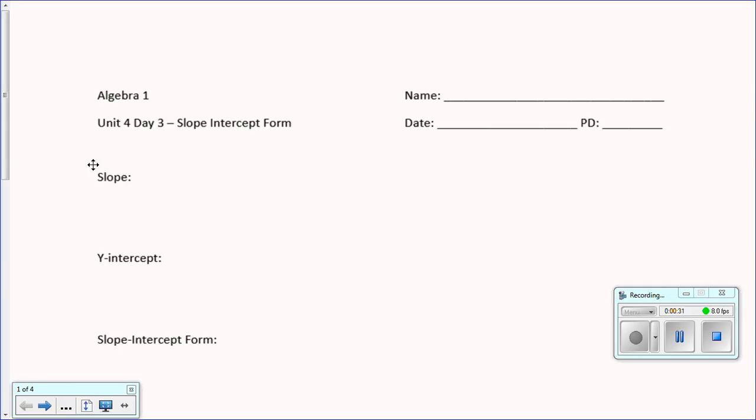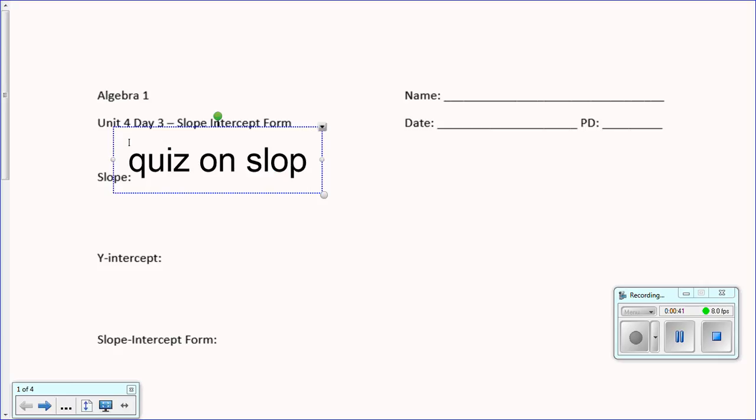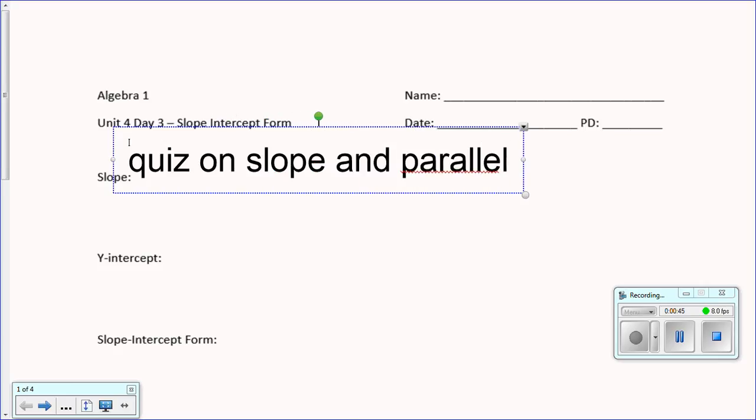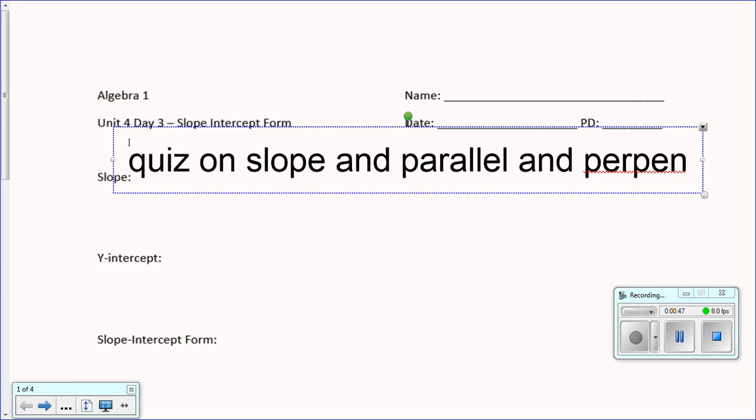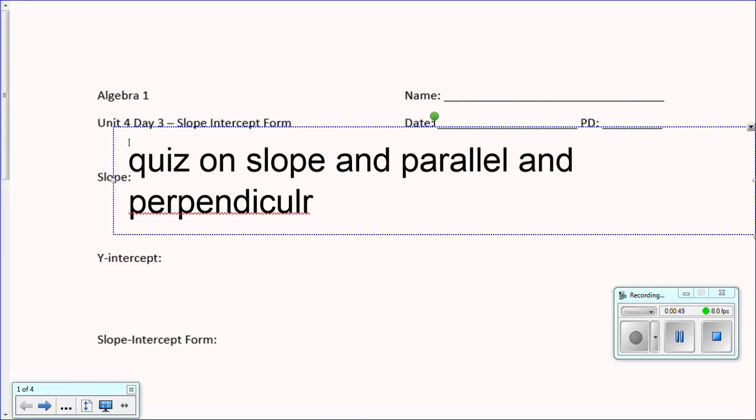Before we start, I just want to give you guys a quick reminder. We are doing a quiz next class. Quiz on, what was it on? Slope and parallel and perpendicular lines.